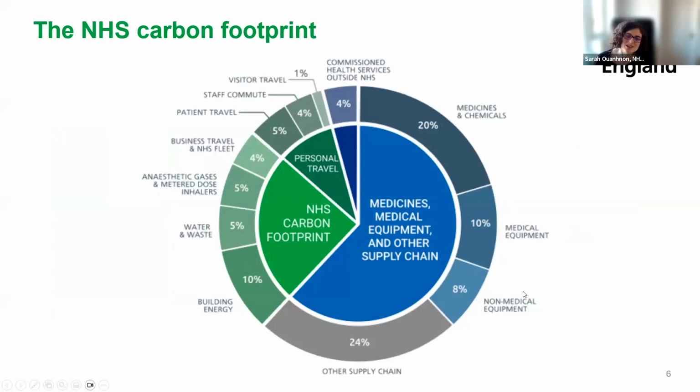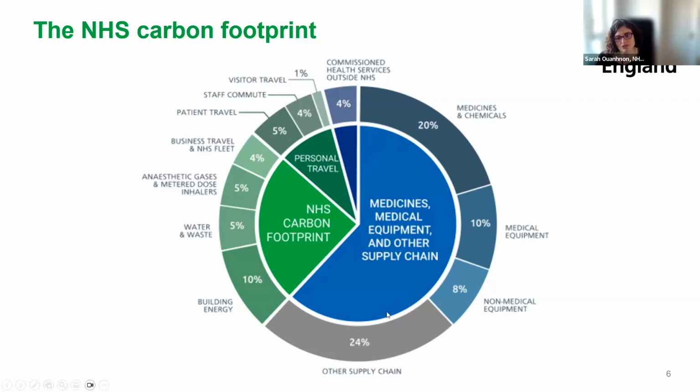So this is what the NHS carbon footprint looks like. Supply chain is everything here that you can see in blue. And that's pretty typical of healthcare systems like the NHS. It wouldn't apply to all countries, but it's typical of similar countries, where we have almost 70% of our emissions in our supply chain.